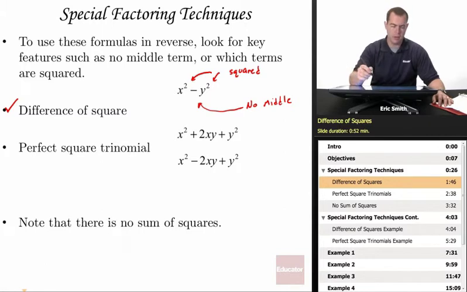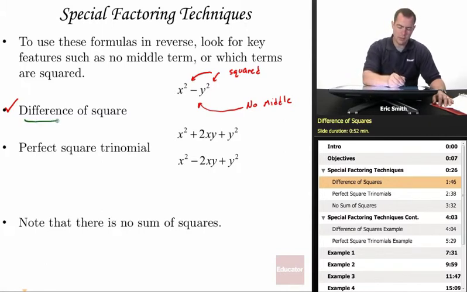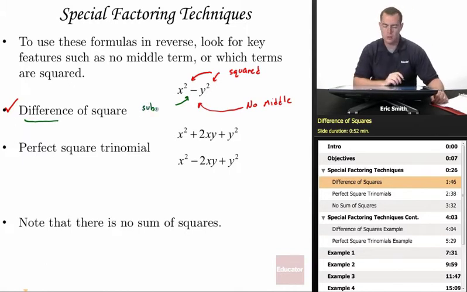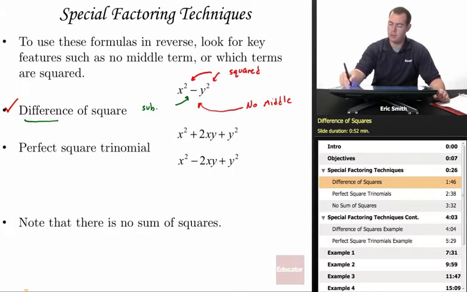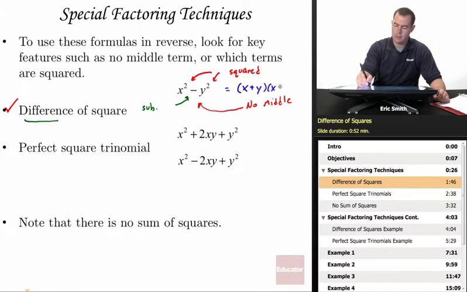And one last very important thing: this is the difference of squares, so you should have subtraction. If you can find all those three parts, then you know how this will factor. This will be x plus y and x minus y.